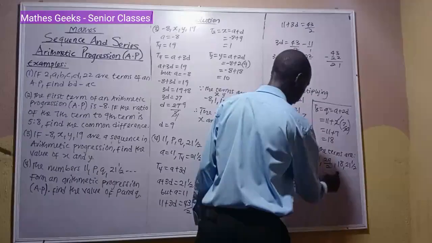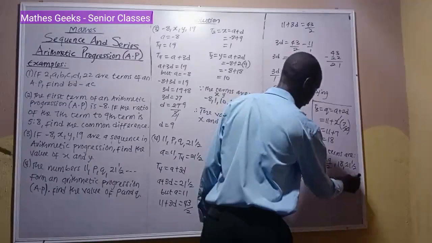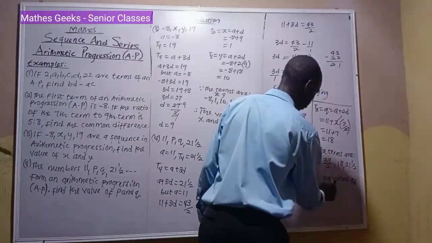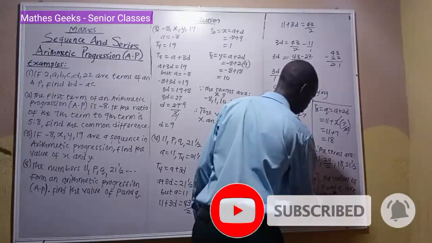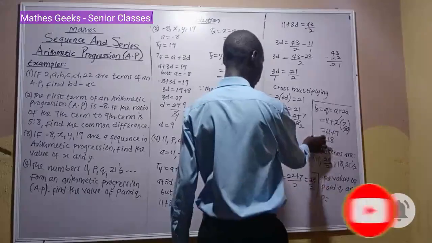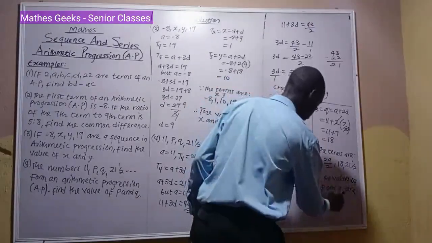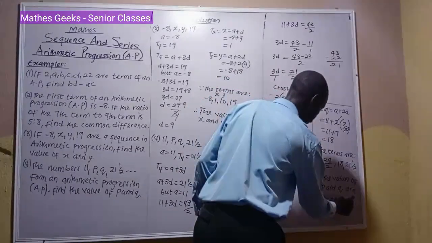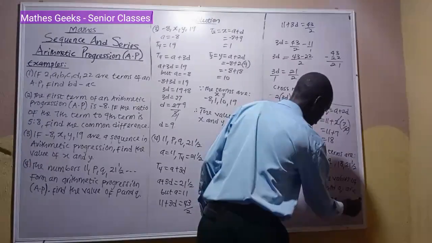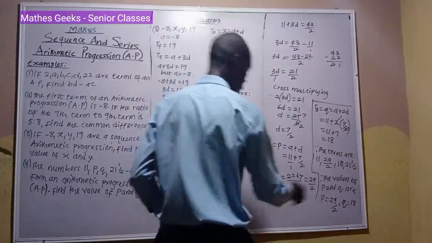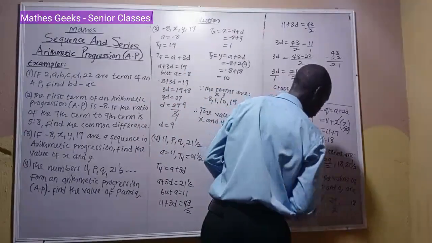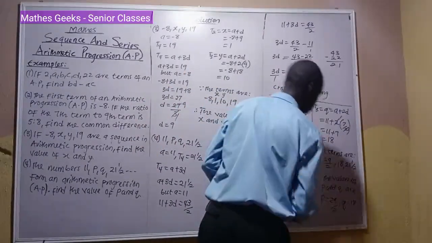So therefore the values of P and Q are: P is equal to 29 over 2, Q is equal to 18.